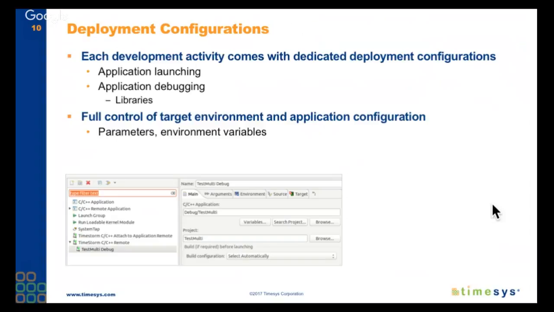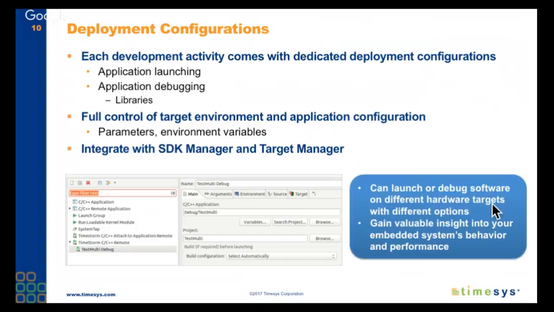So however many parameters your application is supposed to take, you can specify them in one of those deployment configuration screens. The deployment configurations are also integrated with the target manager. So in the deployment configuration, I want to be able to pick the target from the drop-down menu, and I want to be also able to work with appropriate settings when I'm launching a debug session.